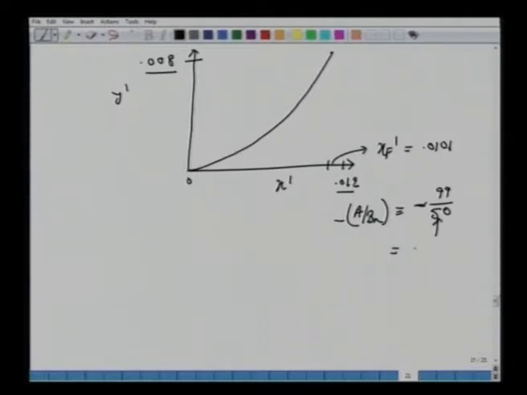Therefore, the slope of this new curve is minus 1.98. So it is less inclined. Say, this is with the slope of minus 1.98.